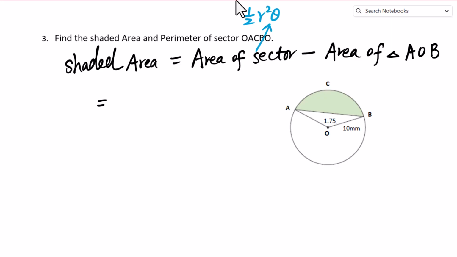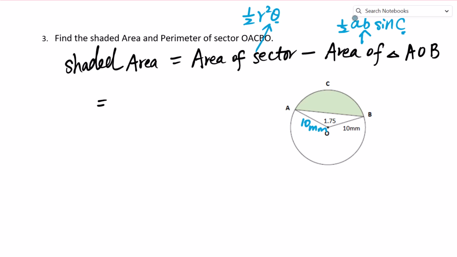For area of triangle AOB, we got to use the formula 1/2 ab sin C. This C is the included angle. This theta is a central angle. OA is a radius, so equals 10 millimeters.